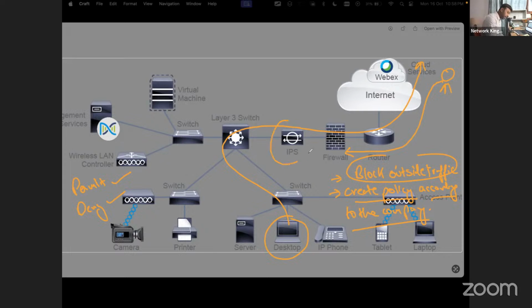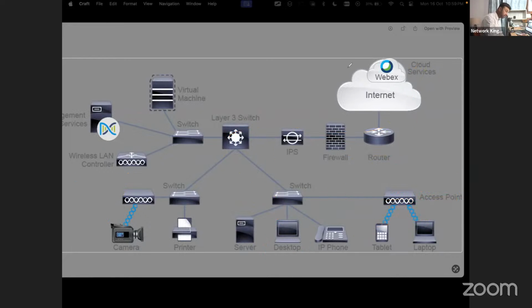Okay. So now tell me, what is IPS? What is IPS? One liner. Detect and prevent malicious activities. Okay. What is IPS? Detect first, it finds. Detects and prevents, it also protects.